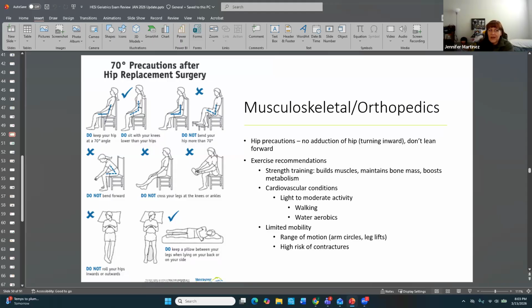So we're working with that strength, right, to help build up those muscles immediately after surgery, help to maintain the bone mass. We're also, by getting them up and moving, reducing some of those complications of immobility like your pneumonias, your blood clots, that kind of thing.